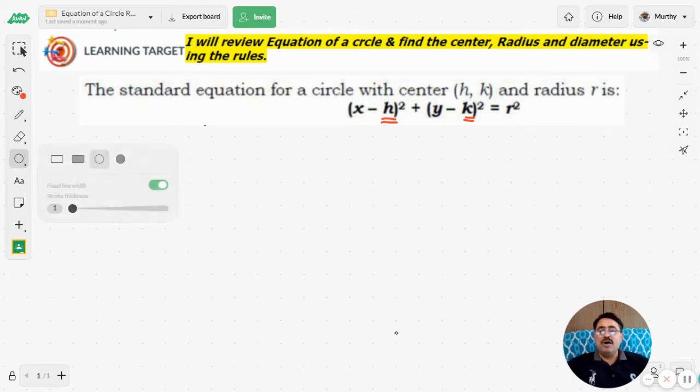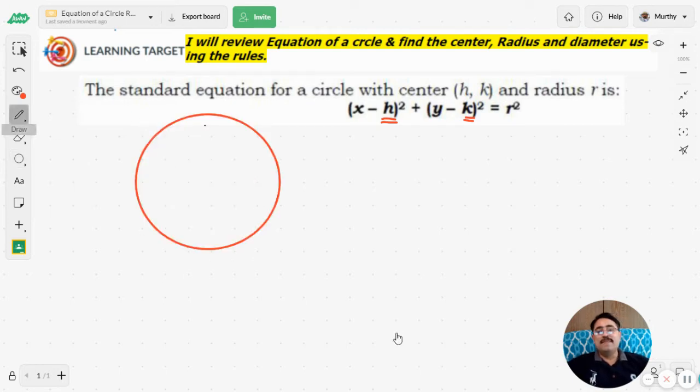So let me draw a circle. Let's say that a circle is given and this is the center of this circle. You know that the line segment which is drawn from the center to a point on the boundary line is the radius, right?